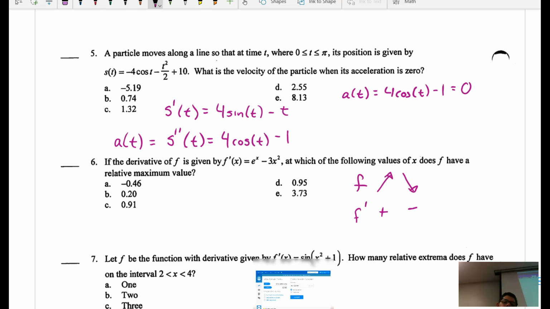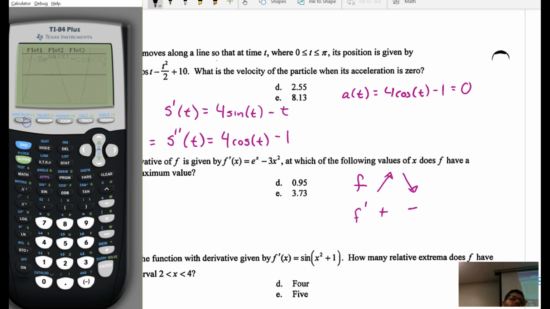So, using the calculator, 4 cosine x minus 1. I'm not going to hit graph, I'm going to hit window. And what x's do I want to see? 0 to pi.